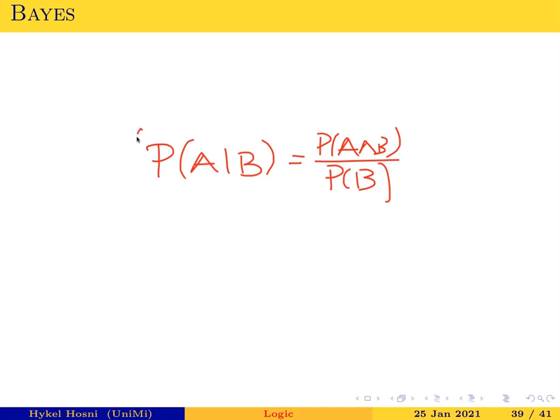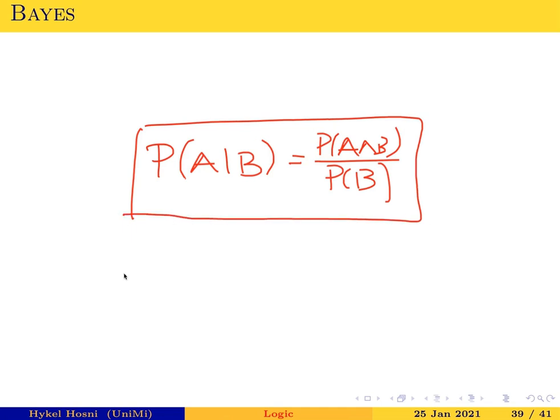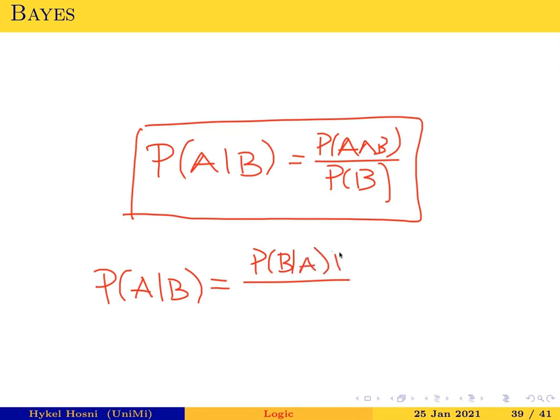Let me leave this to you as an exercise. This is what you have. What you want to get to is this: P of A given B equals probability of B given A times probability of A over the probability of B, right?